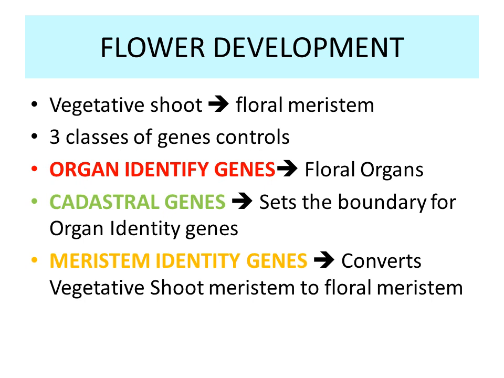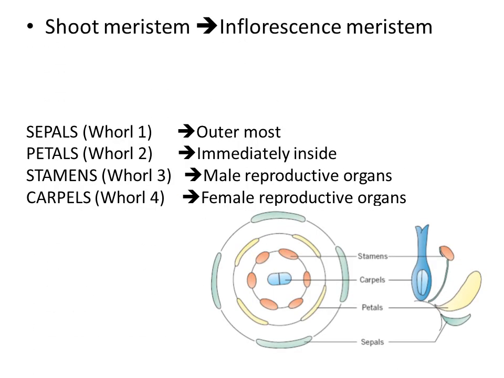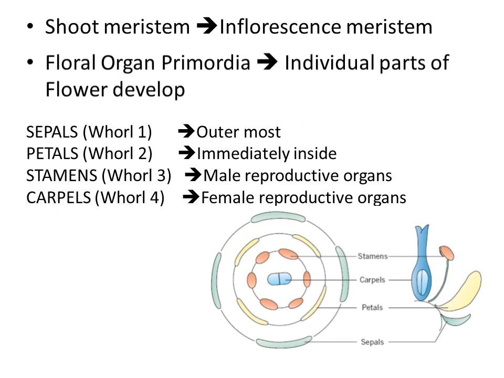Then the organ identity genes will form the floral organs, and the cadastral genes will set the boundaries for all the organs. Now, when we look at this, we find that the shoot meristem, once it has converted to floral meristem or inflorescence meristem, will give rise to a flower.